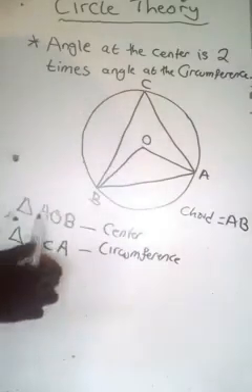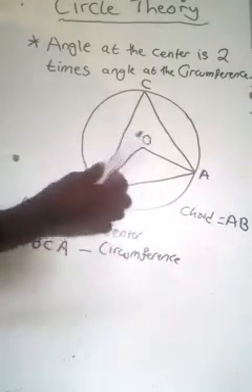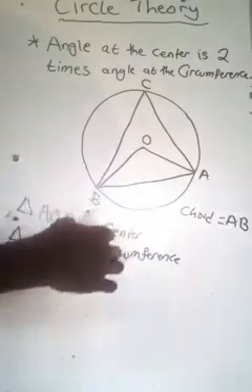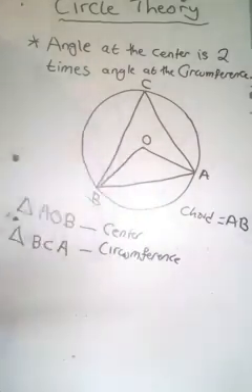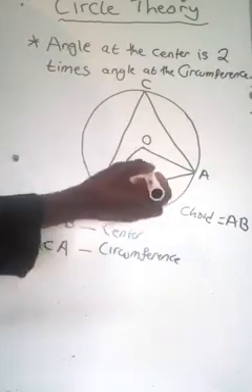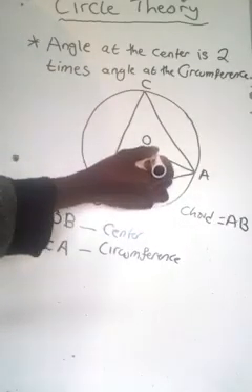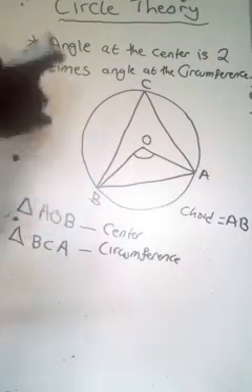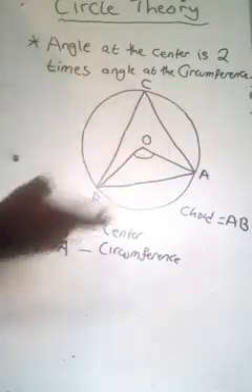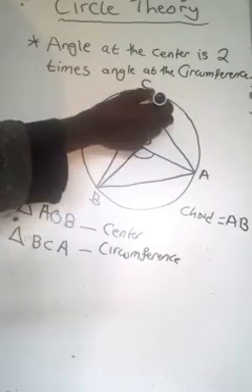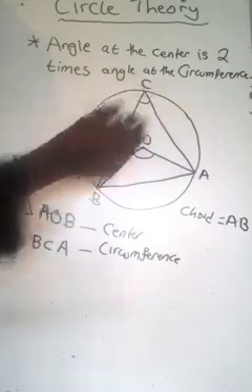One of those triangles is formed at the center, which is triangle AOB, and the other is formed at the circumference. So these are the two angles that we are going to be talking about.